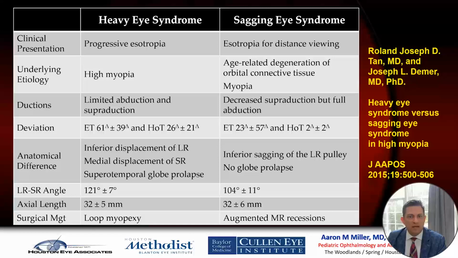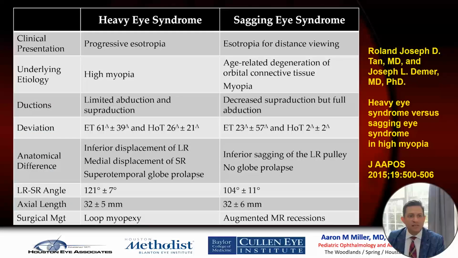With heavy eye, the clinical presentation is a progressive esotropia that progressively worsens and affects both distance and near, whereas sagging eye syndrome tends to be mostly at distance viewing, where you have diplopia at distance fixation but not at near. The underlying etiology of heavy eye is felt to be high myopia, whereas sagging eye is age-related changes of the orbital connective tissue, but maybe also a little bit tied into myopia.